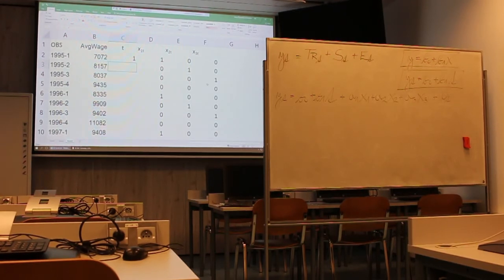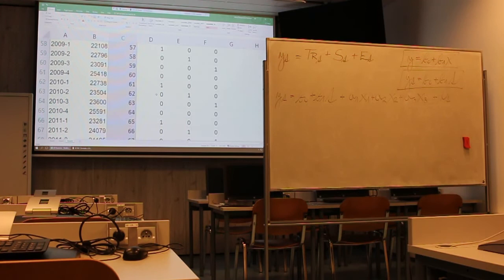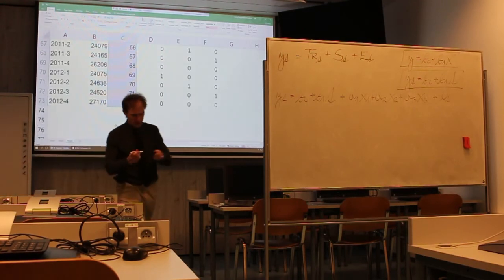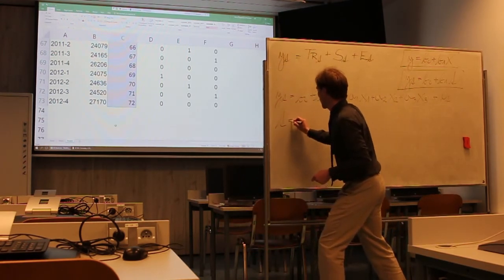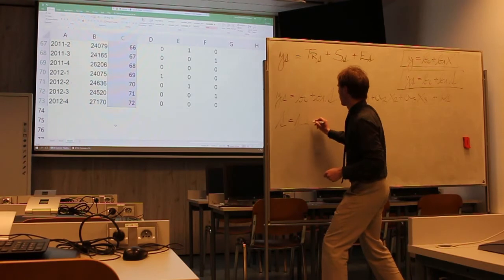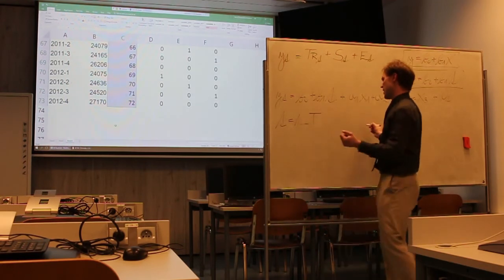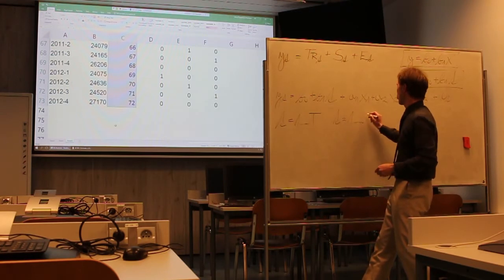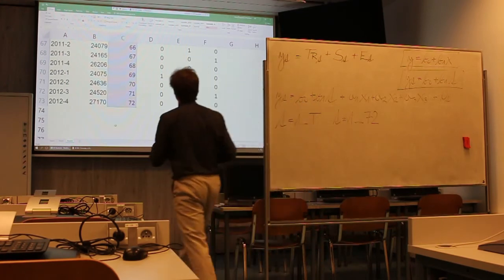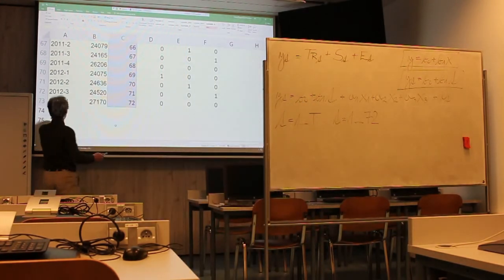Observation 1, 2, 3, etc. You will see that we have 72 observations in total in this time series; t is equal from 1 to capital T. In our situation, t is equal from 1 to 72, 72 quarters.